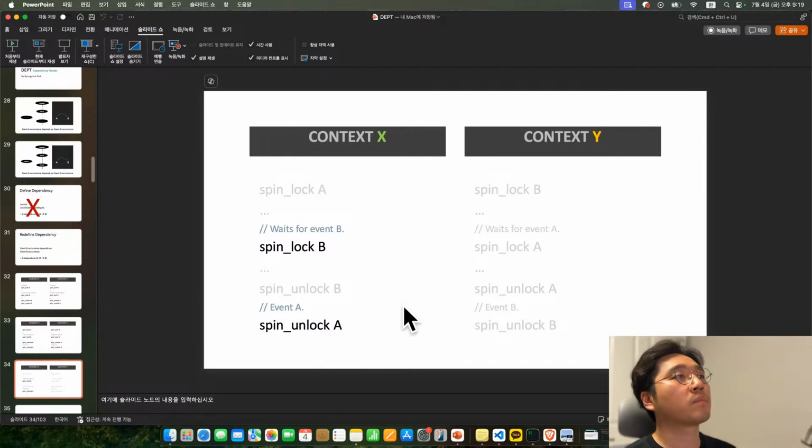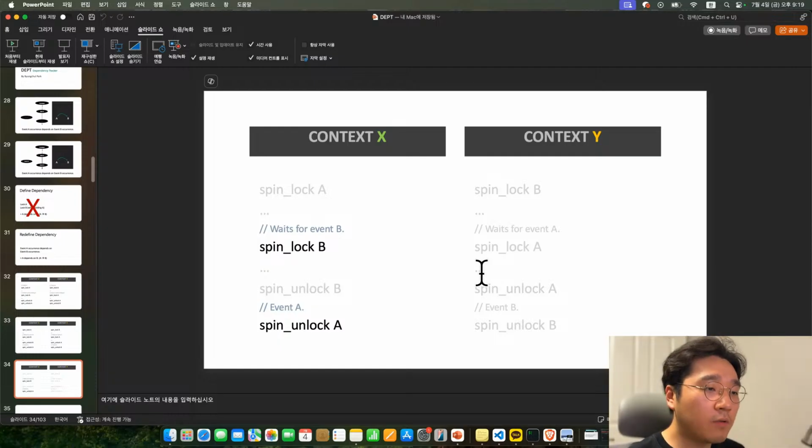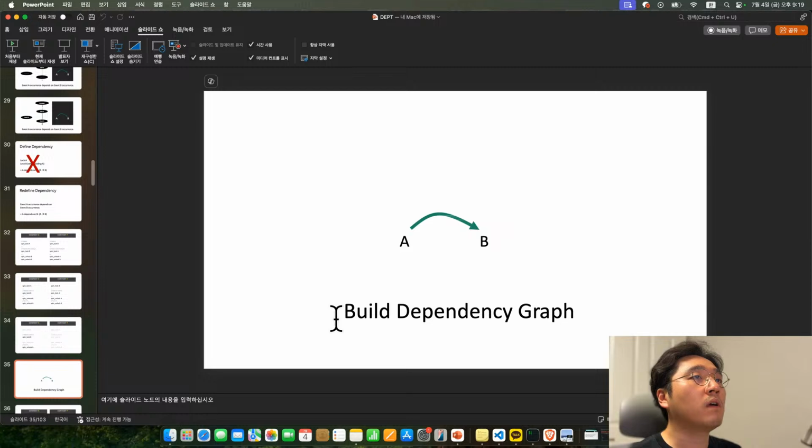So as you know, event B never occurs, and event A also never occurs, right? And from the perspective of drawing a dependency graph, event A depends on event B. So we draw from A to B and build the dependency graph here.